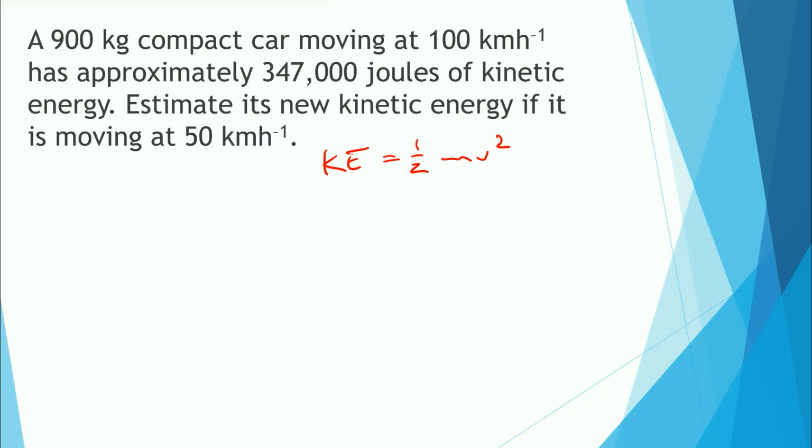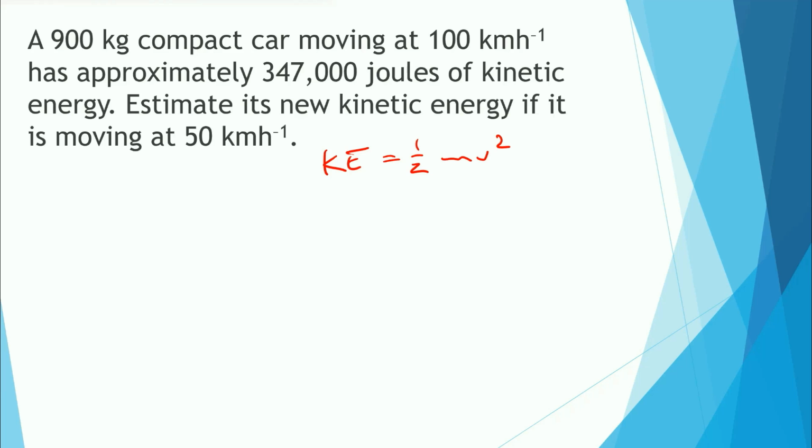We could work it out. We could take half times the mass, yep, I've got the mass, times the velocity squared, well, yeah, I've got a velocity of 50 kilometers per hour, and we could work out the kinetic energy when the car was going at that speed. We would need to do an extra little step because the speed is given in kilometers per hour, and this equation, remember, uses velocity in meters per second, but that's fine.